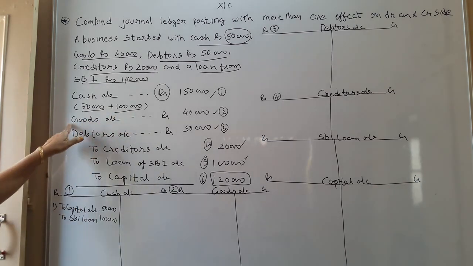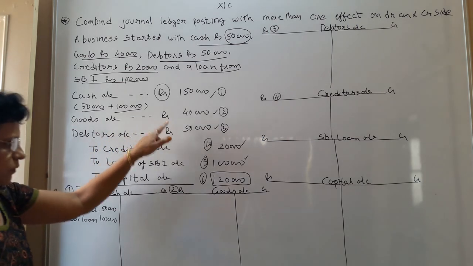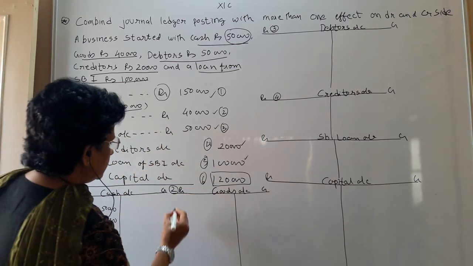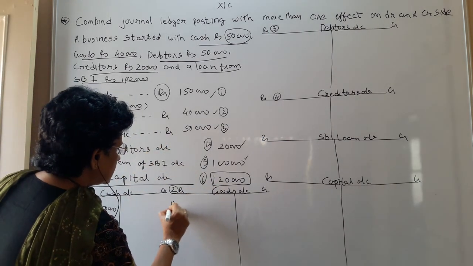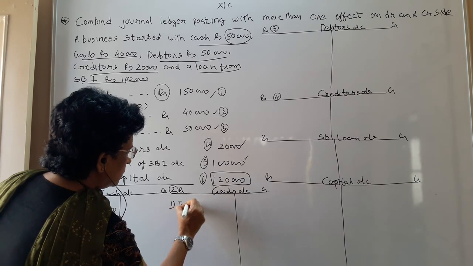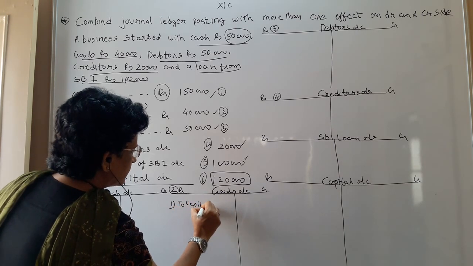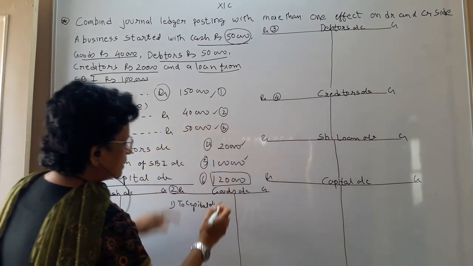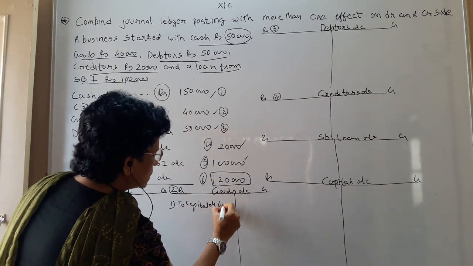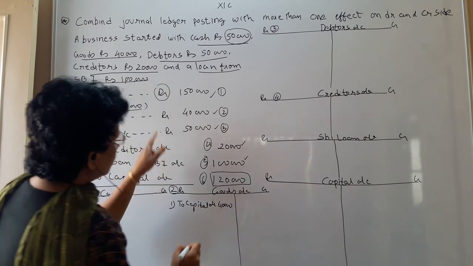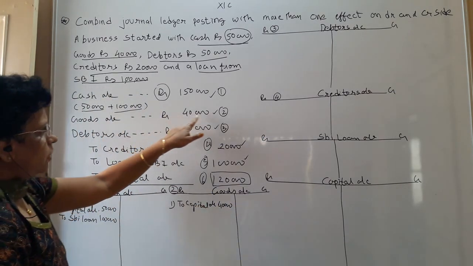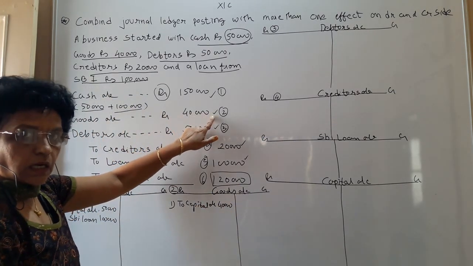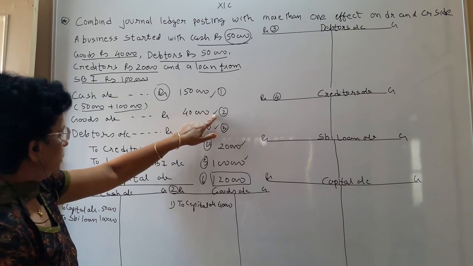Then the second, the goods account. Who has brought goods into the business? The owner. So to capital account, the amount of goods is 40,000. Write the 40,000 in front of the particular account you are posting.